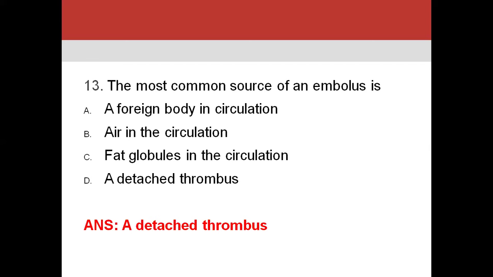So what is meant by embolus? Embolus means a blood clot, air bubble, a piece of fatty deposit or other object that is carried in the bloodstream, lodges in a vessel and causes embolism. It may be a foreign body, fatty deposit or air bubble.